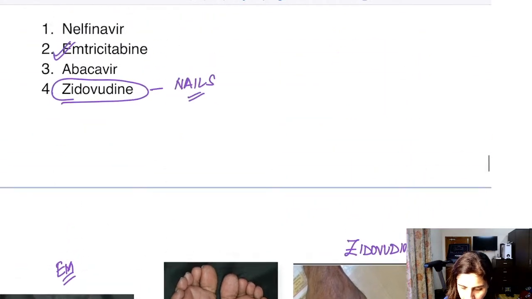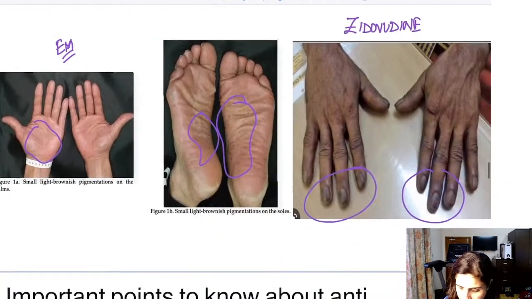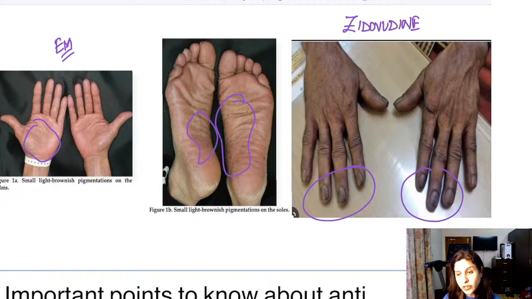So यहाँ पे हमारे पास option था emtricitabine, and अगर ऐसा आता है pigmentation of the nails or they show you the picture, then you can mark this zidovudine.